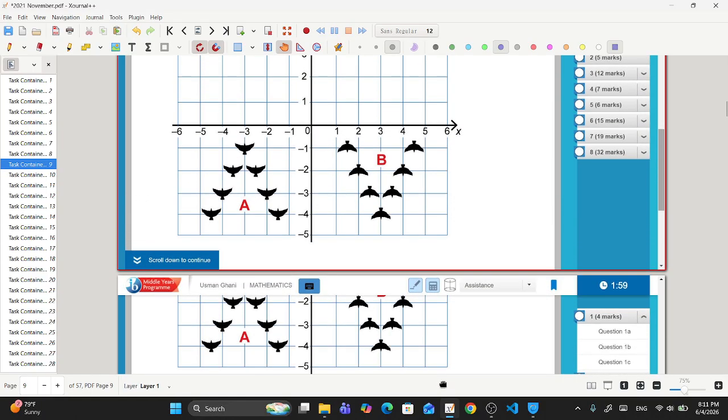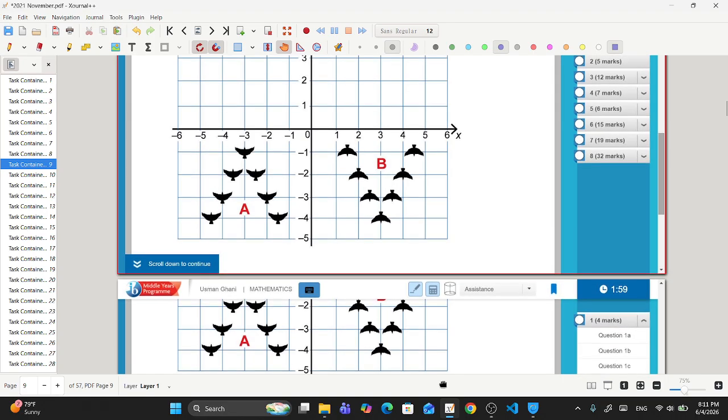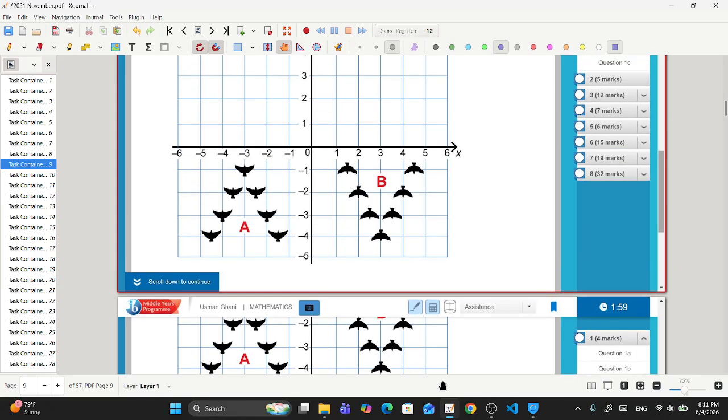We should all be well aware that when there is a 180-degree rotation, we simply have to change the signs. Nothing else. We don't have to swap the positions, we just have to change the signs.